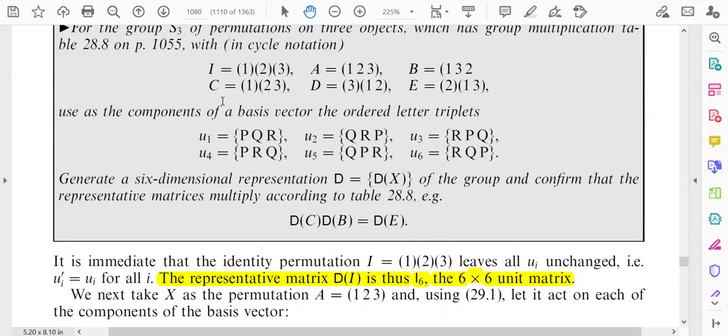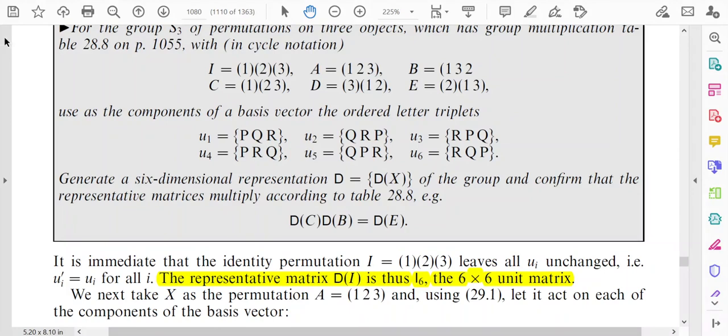Now as the identity element leaves all ui unchanged, we can say, for example, u1 prime is equal to I into u1, but I into u1 will be u1. Similarly, I into u2 will be u2, I into u3 will be u3. That is, they leave all ui unchanged.